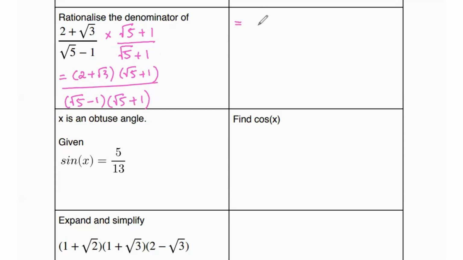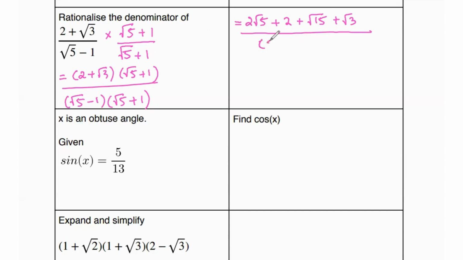Expand the bracket. 2 times root 5 is 2 root 5. 2 times 1 is 2. Root 3 times root 5 is root 15. And root 3 times 1 is root 3 over. Now, as you can see, this is similar to difference of perfect squares. A minus b times a plus b.